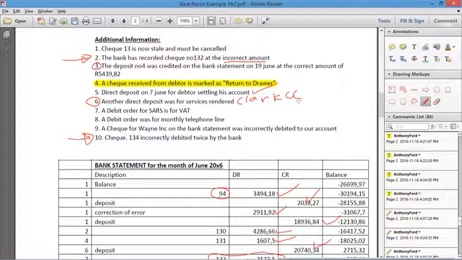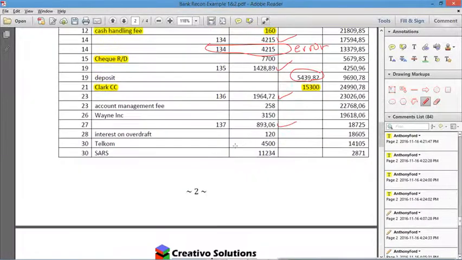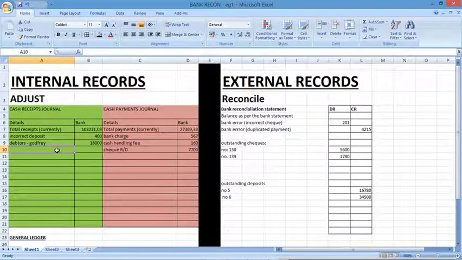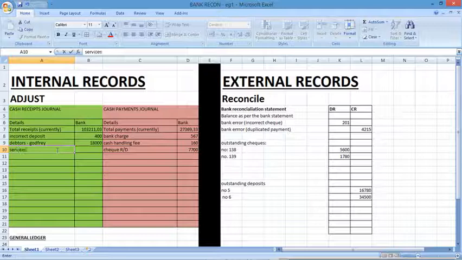Remember, you won't know who has given you money. Hopefully Clark has sent us a proof of payment to show that there has been a deposit. So Clark is reflecting in this business's account 15.3, which is a receipt for services rendered.